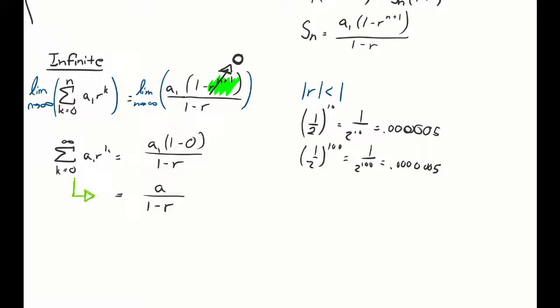Now this may seem obvious, but let's flip this thinking on its head. Let's say I have something of the form a divided by 1 minus r. Well, that's equal to the summation of k equal to 0 all the way to infinity of a sub 1 times r to the k. That's saying if something is of the form a divided by 1 minus r, it is equal to the infinite geometric series.